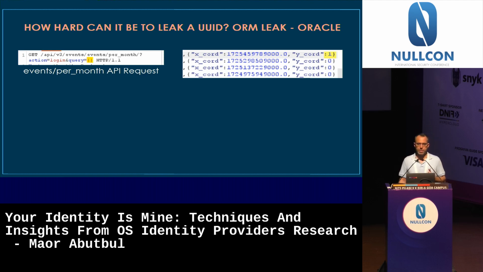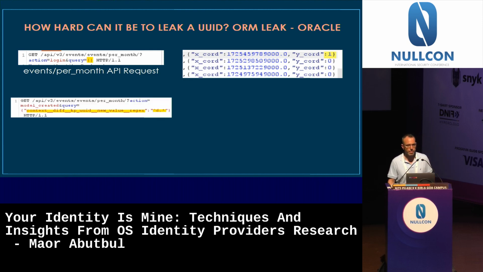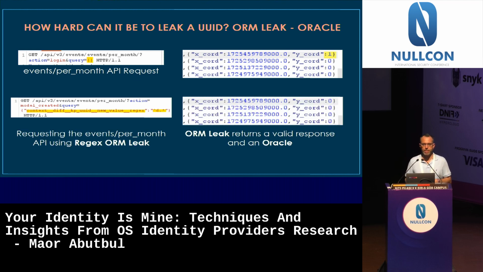If a log entry is found, a non-zero value is returned. We updated the request to include a regex query to exploit the ORM leak. When using this regex request, notice the response. If it includes a number different than 0, then we found a log entry. With this API behavior, we have an oracle.